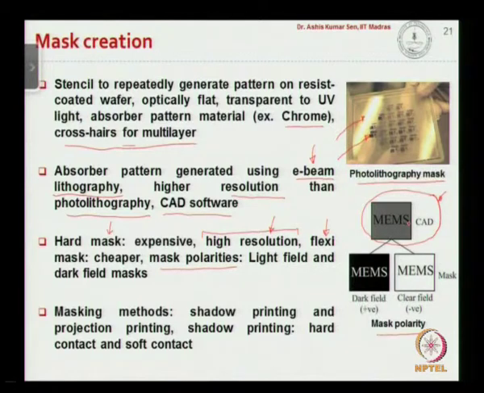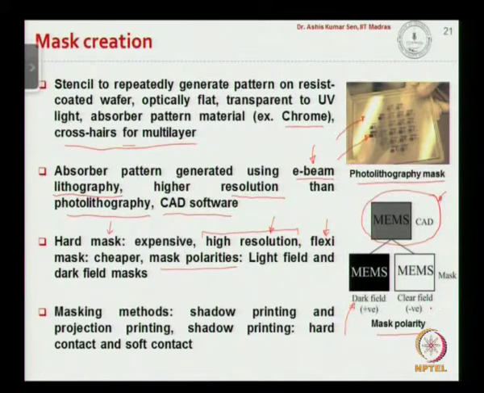If we define the dark field mask, okay, if we tell the vendor who is printing the mask, for example, to create a dark field mask, this is the mask that we will be getting. Okay. So, the patterned areas here, in the dark field case, are transparent to light.